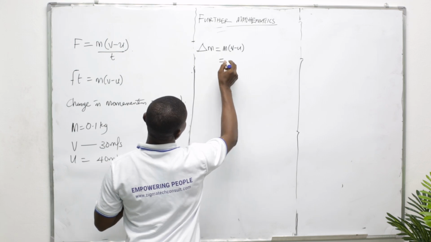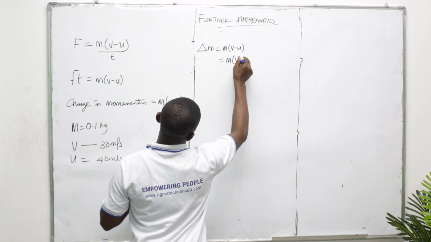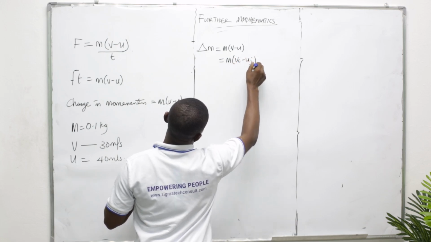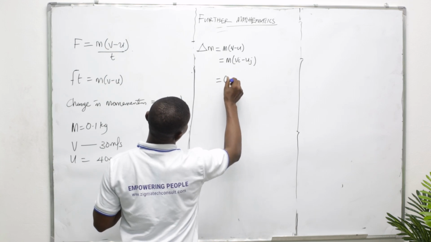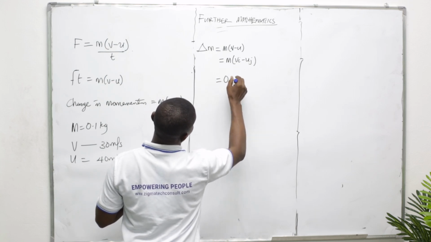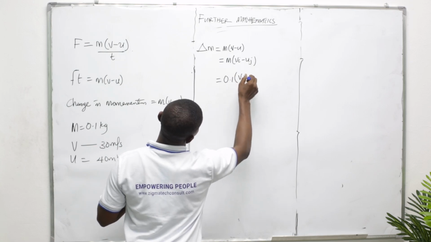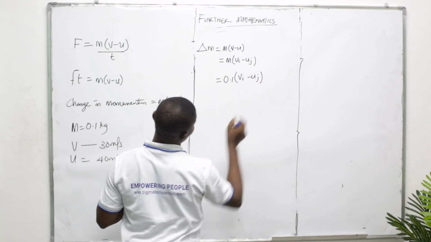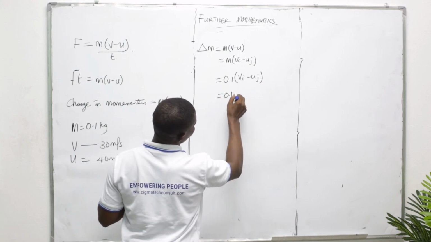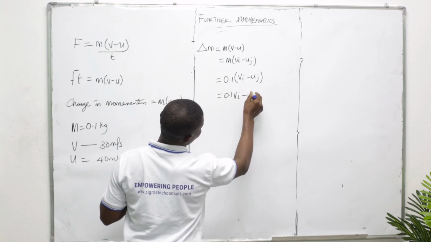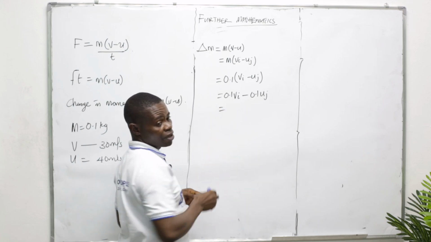Because it's vector we are dealing with, you have M into Vi minus Uj, okay? So this will give us mass 0.1 into Vi minus Uj. That is 0.1 Vi minus 0.1 Uj. So what is our final velocity?